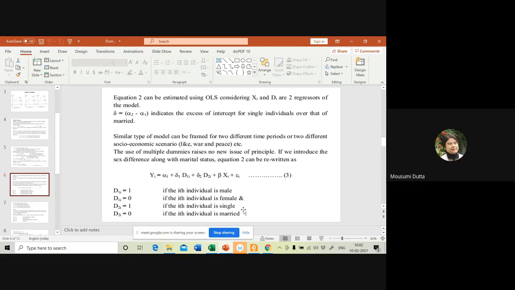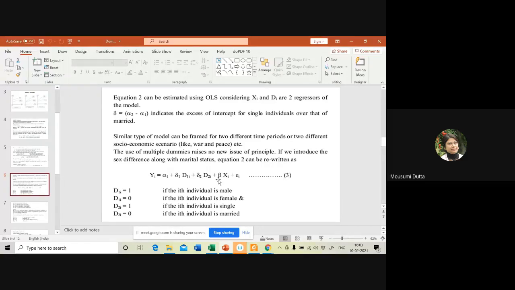Yeah, sure. Yi equals alpha 1 plus delta 2 d2 plus beta xi plus epsilon i. D1 will not be there because you are writing the value for D2 only. Either it is 0 or 1, isn't it?